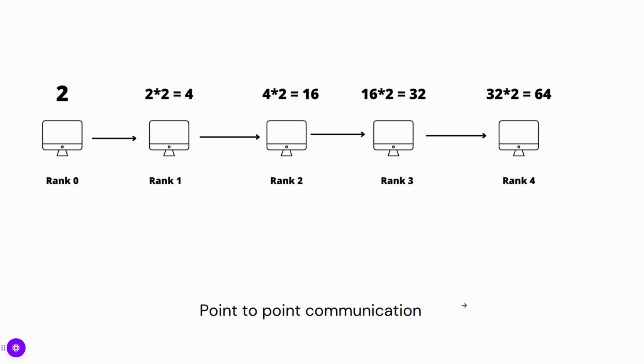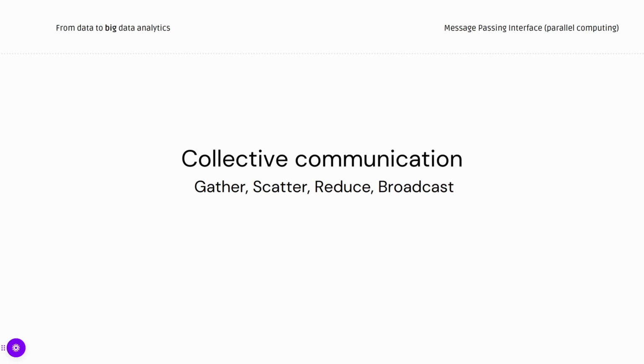So concerning the next step, what we have here is collective communication. In collective communication, we have some concepts that you have to define first, like the concept of master and slave. In a collective communication, we have one node that is managing the whole communication between nodes.